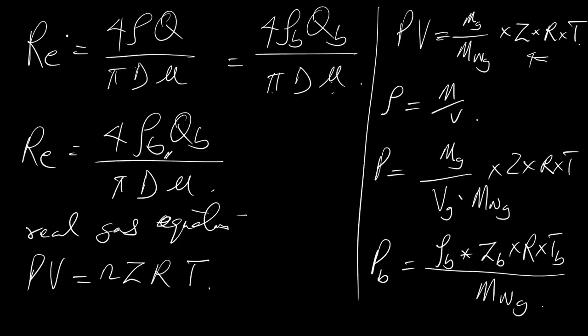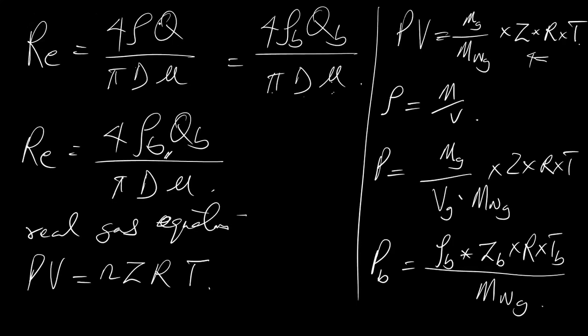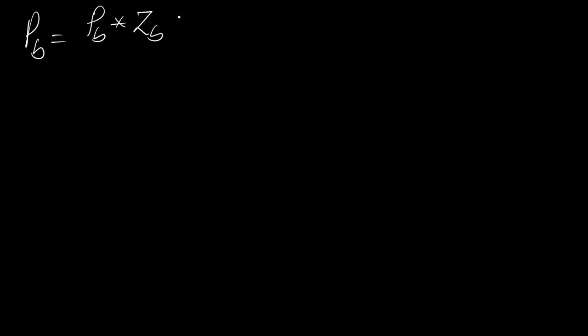So you now have the pressure, the base pressure, which is the pressure at standard condition, equal to the density at standard condition times Z, that is the compressibility factor at standard condition, times the gas constant times temperature, divided by the molecular weight of the gas.